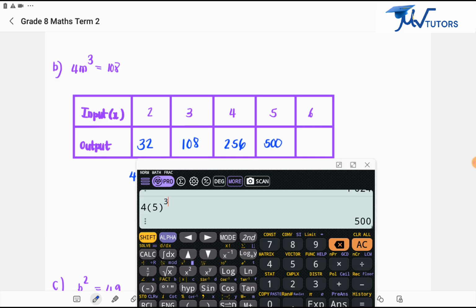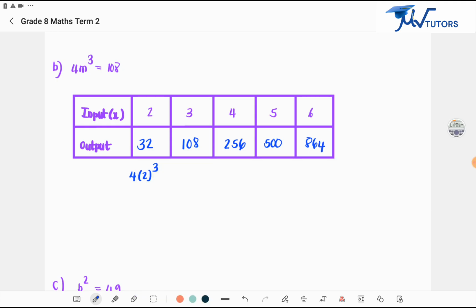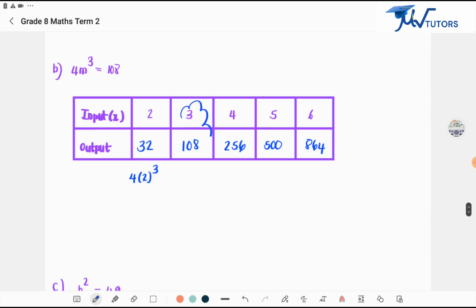And then 6 cubed is 216. 216 times 4 is 864. So where does our answer lie? It lies over here. So what is m? m is equal to 3. The negative will not work, especially because we have a cubed there.